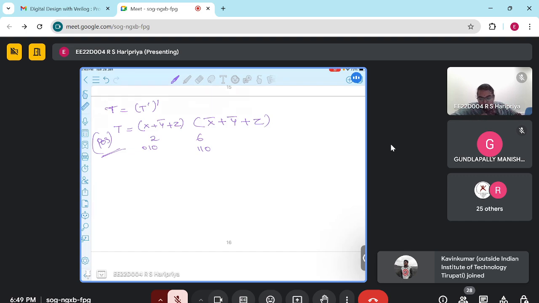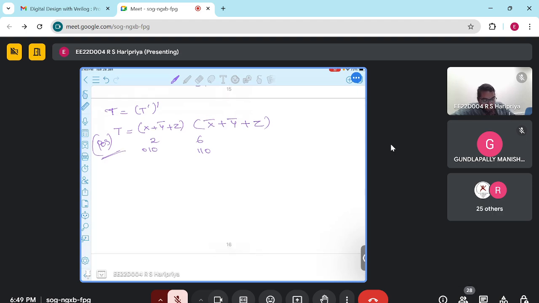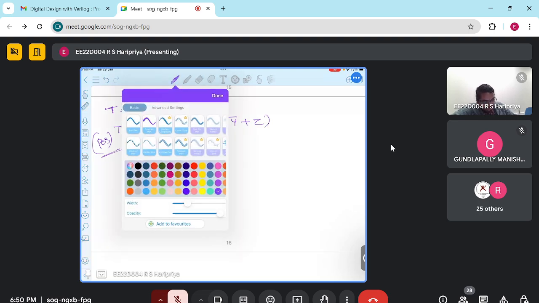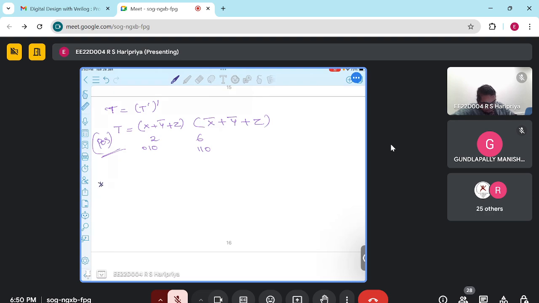So next we have just... so there are total 2 to the power n coefficients, and each of them has two values. So each of which can have two values, which is 0 and 1.